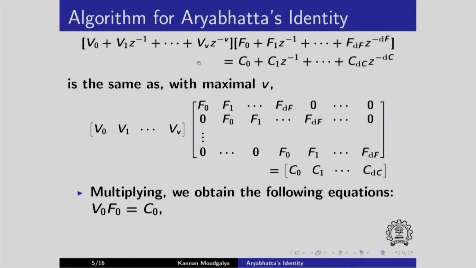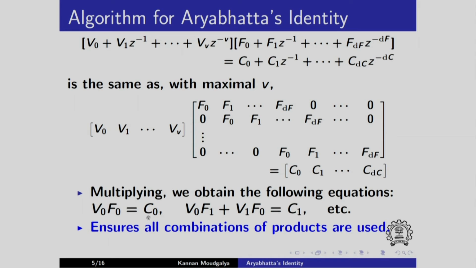Next we compare Z inverse terms, that is nothing but multiplication of this and the second column, and we get this second equation. So you see that this matrix equation is the same as this polynomial equation, etc. Of course, this small v is an unknown. So, these equations ensure that all combinations of products are used.